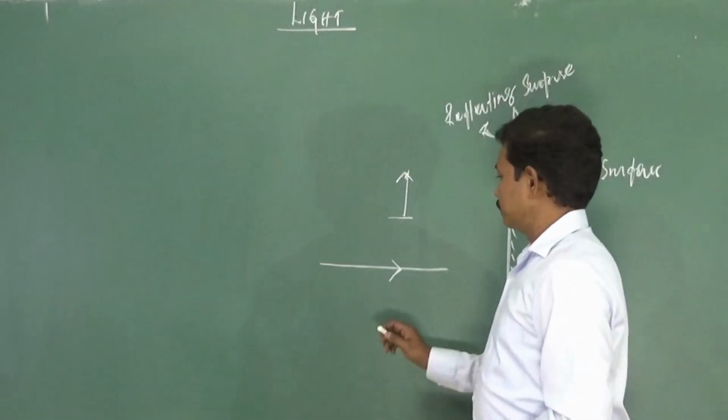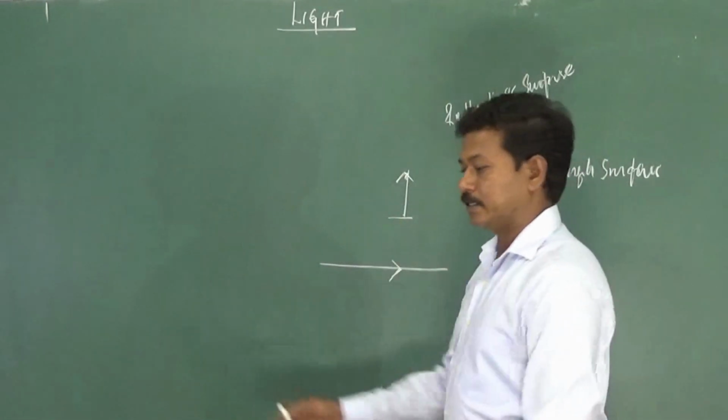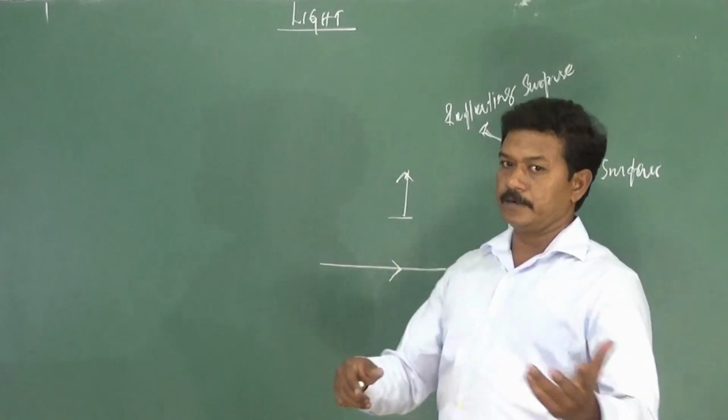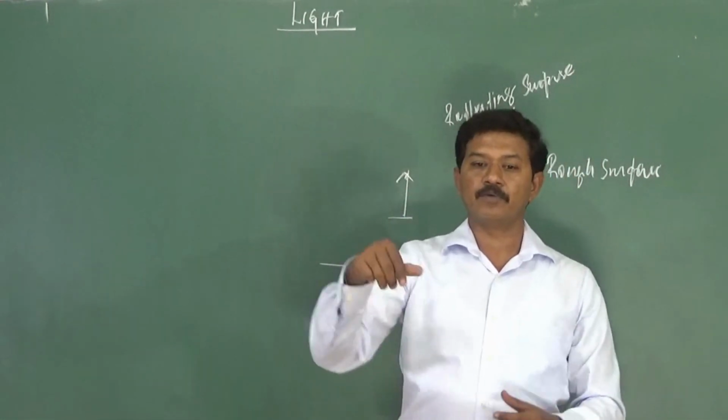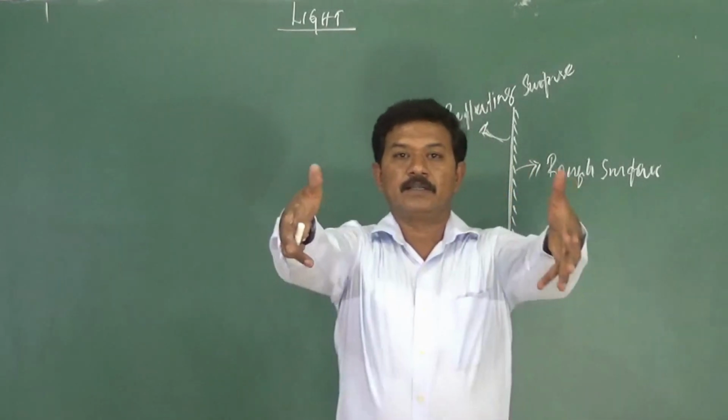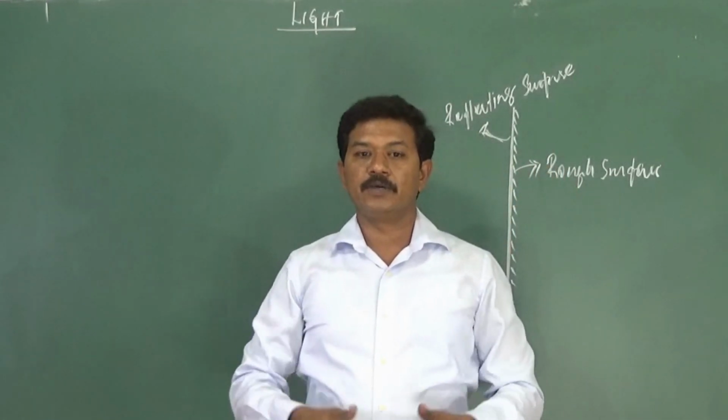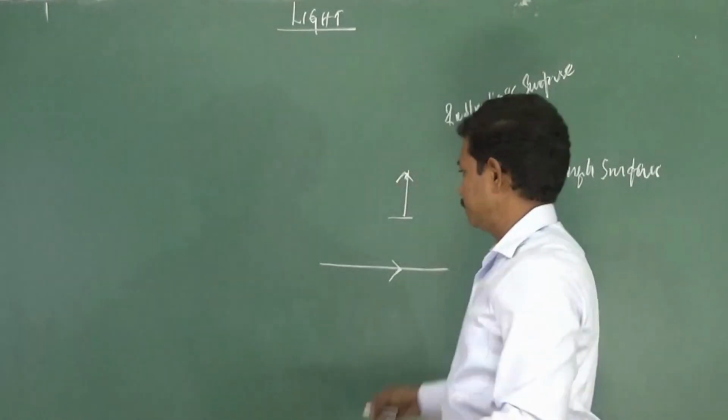Right. So if there is more than one light ray, for example, in your bike you have the headlamp. When you start the bike and put on the headlamp, a beam of light rays comes out from that. You can see that beam of light rays.